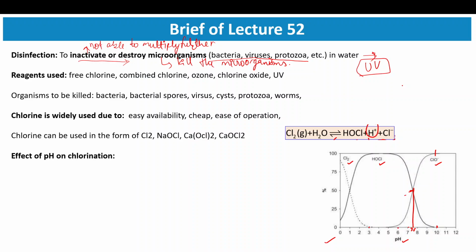And what you use for water is either free chlorine, combined chlorine, ozone, chlorine oxides, UV, etc. Right? Or, for example, even if you boil water. In earlier days the most common method was to boil the water, so that you can have potable water at the end.